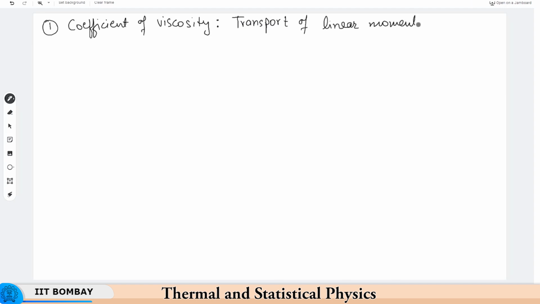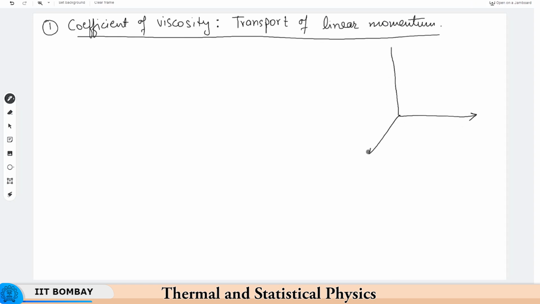Okay. So, let us see how we can understand that, all right. So, again consider we have this 3-dimensional space. So, let us say this is the z axis, this is the x axis and this is the y axis, right.